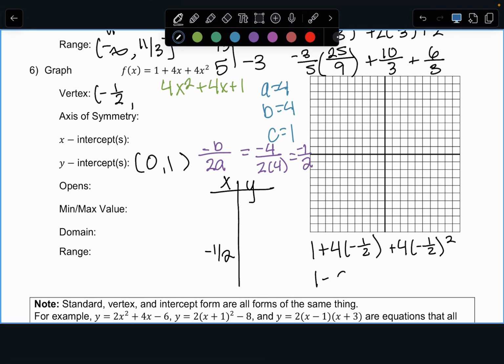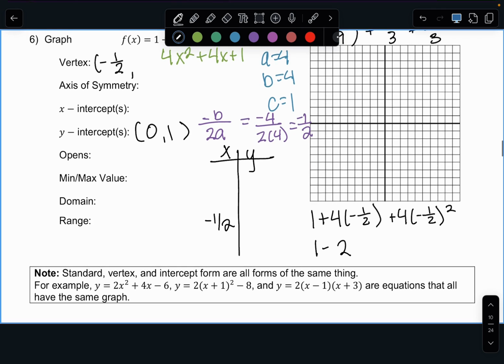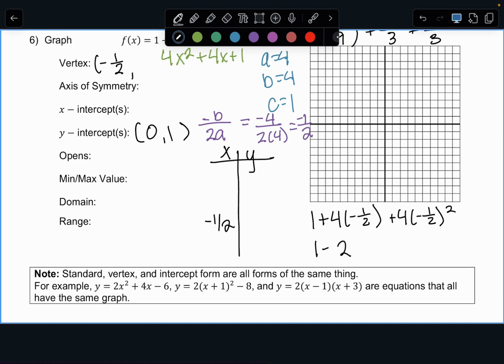So 1 minus 2. -1/2 squared: square the top and the bottom. 1 squared is 1, 2 squared is 4. So 1 over 4. 4 times 1 over 4 is 1. So this comes out to 0. Nice and pretty.